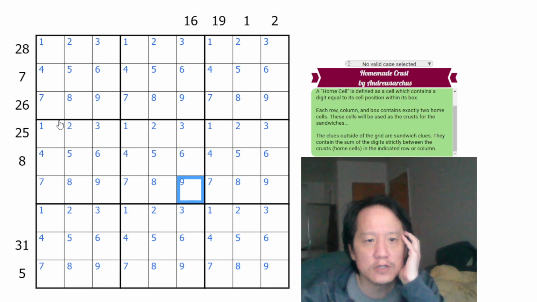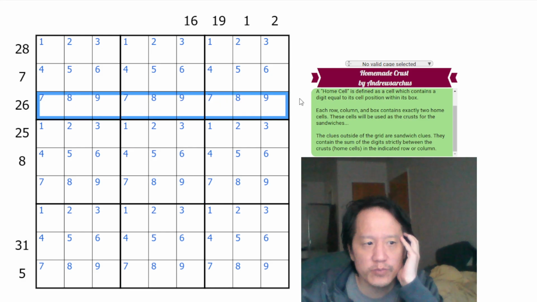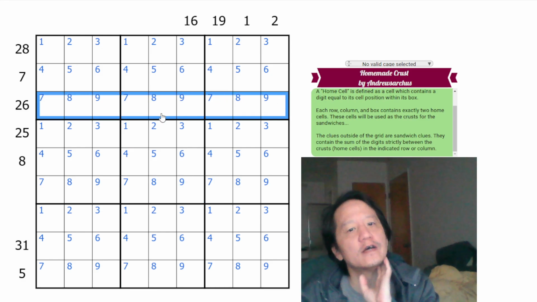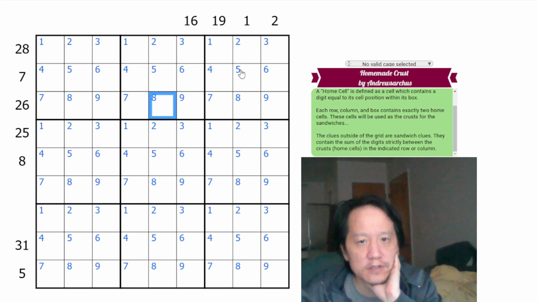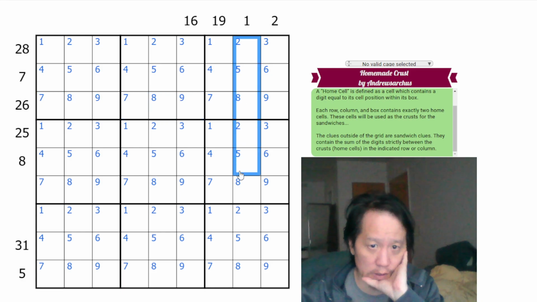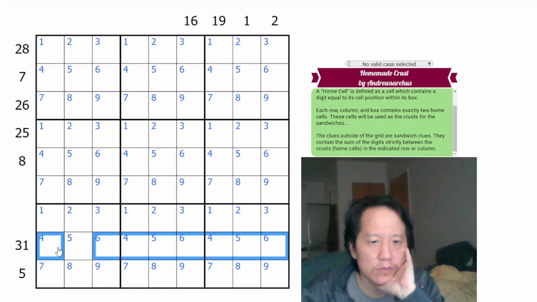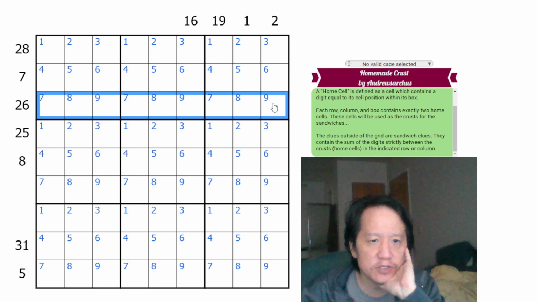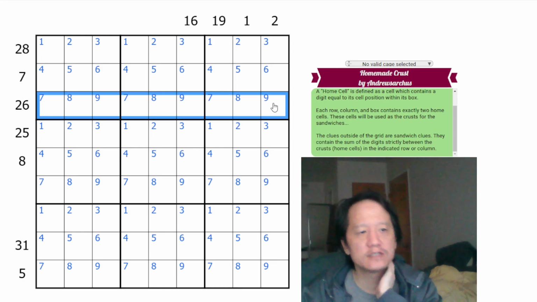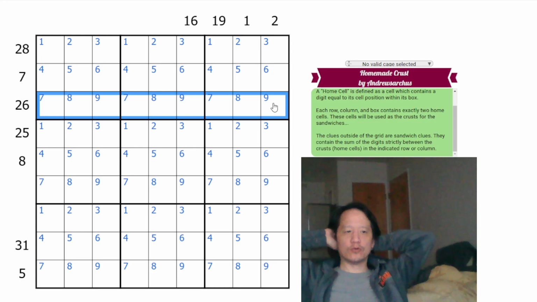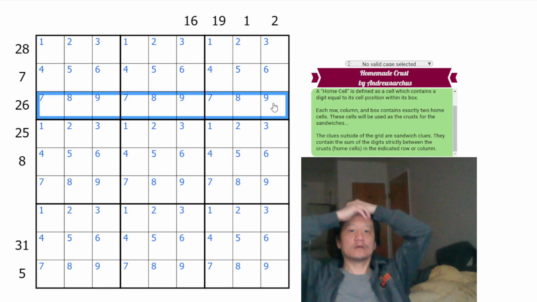Okay, that's interesting. So this is interesting because either it's 7, 9 or 7, 8. Specifically, it has to have 7, 8, or 9 as the crusts here.